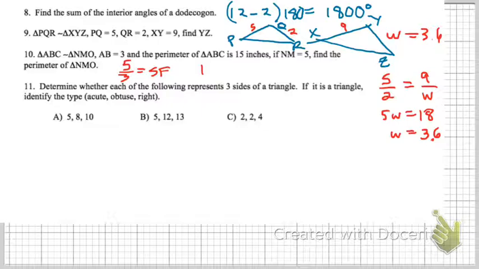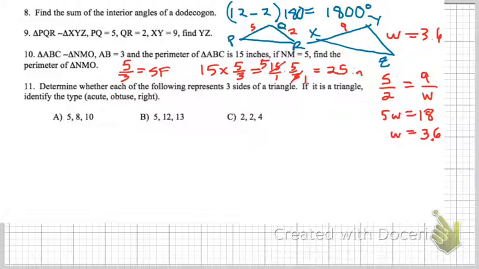So I'm going to take 15, the perimeter of ABC, multiply by the scale factor, 5/3, and we will get our perimeter of the larger NMO. So if you see, here's the fraction work, 15 times 5/3, made it 15 over 1 times 5/3. You can also use a calculator. Cancel the 3 and the 15 for 5 and 1. You can see the markings there. 5 times 5 is 25 inches.